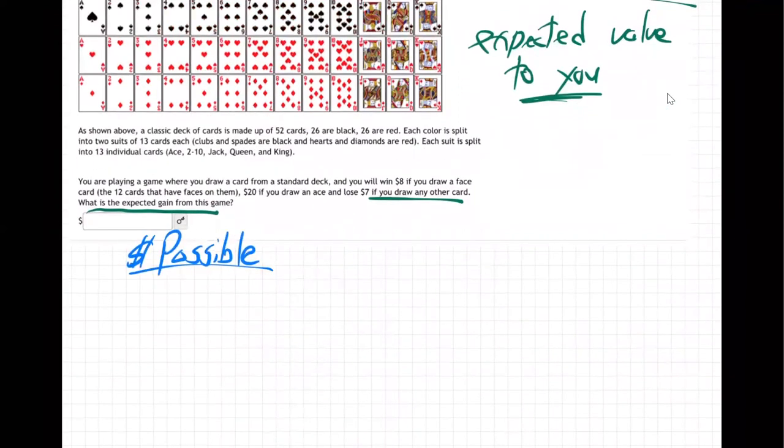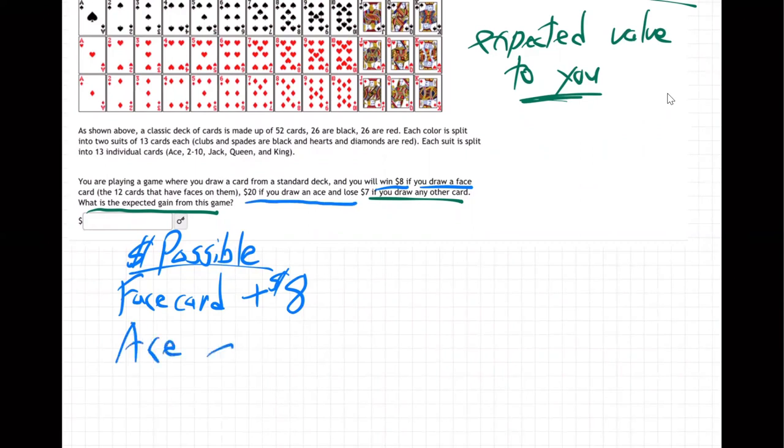Well, it says right here, you can win $8. What do you have to do for that? If you draw a face card. So if you get a face card, you're going to go positive $8. And you get $20 if you draw an ace, plus $20 if you get an ace.